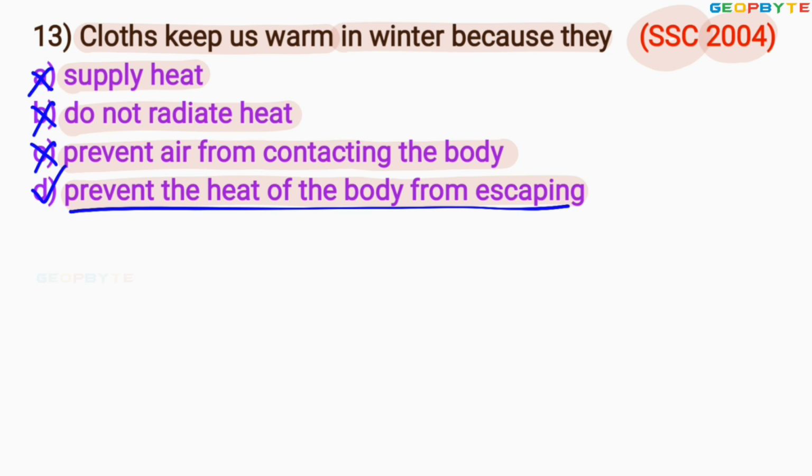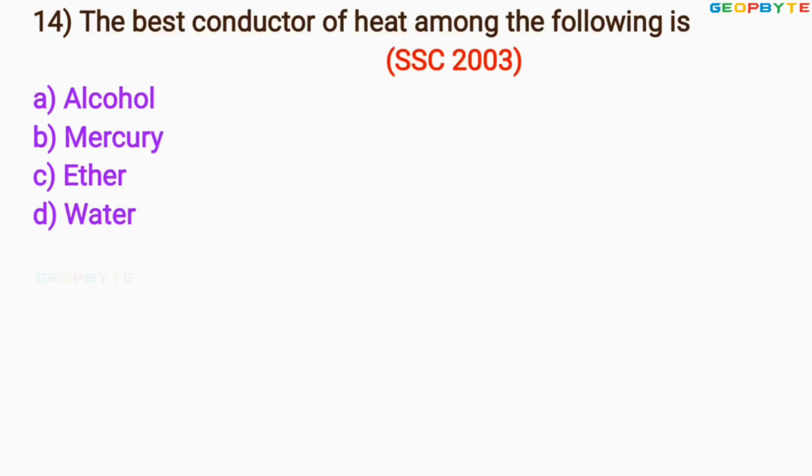Similarly, the next one is, look at the next one, asked in 2003 for SSC exam. The best conductor of heat among the following is option A, alcohol, mercury, ether, water. Dear friends, remember the mercury thermal conductivity is very high. Therefore, mercury can transfer more heat than other liquids.